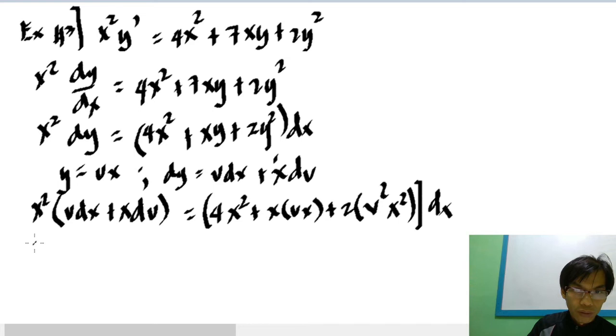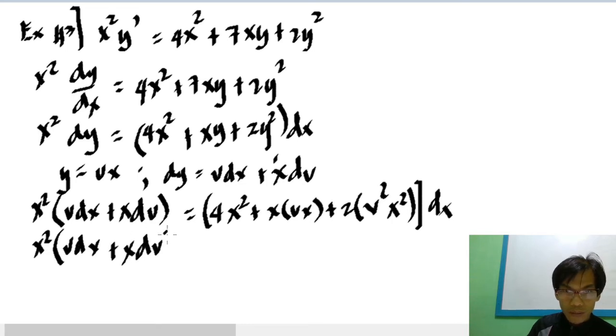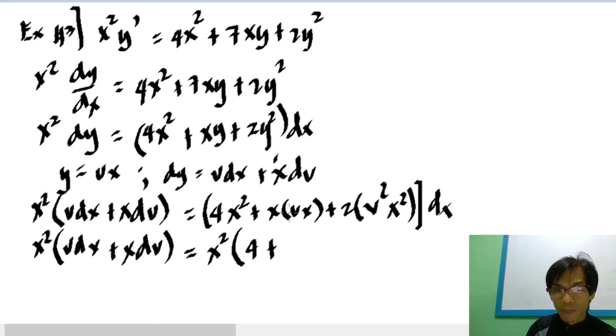We continue on. We have x squared times (v dx plus x dv) equals, we can factor out x squared, x squared times (4 plus 7v plus 2v squared) dx.